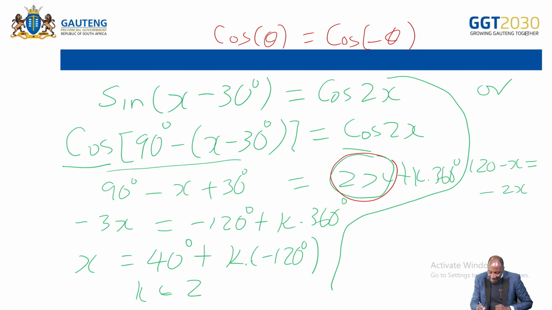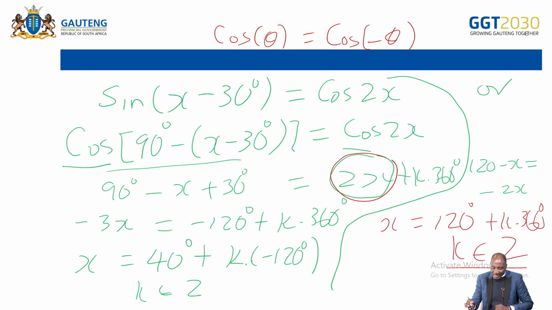We're moving the 120 across and bring x. x becomes 120 degrees plus k 360 degrees for k an element of integers. So for those of us who used this approach, you will also come back to the same answers. You can either convert to sine or convert to cosine in your co-functions.